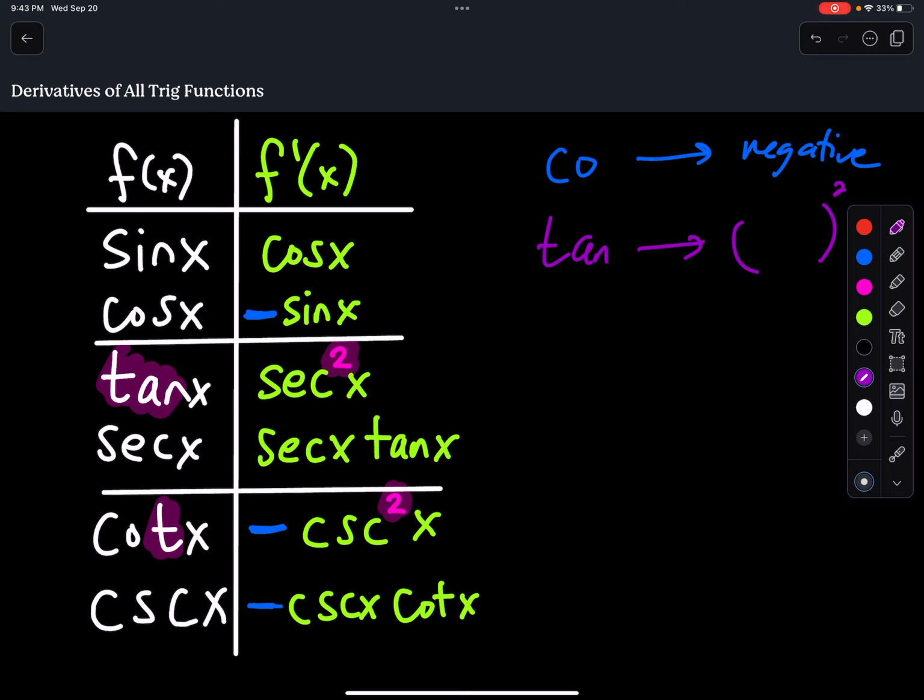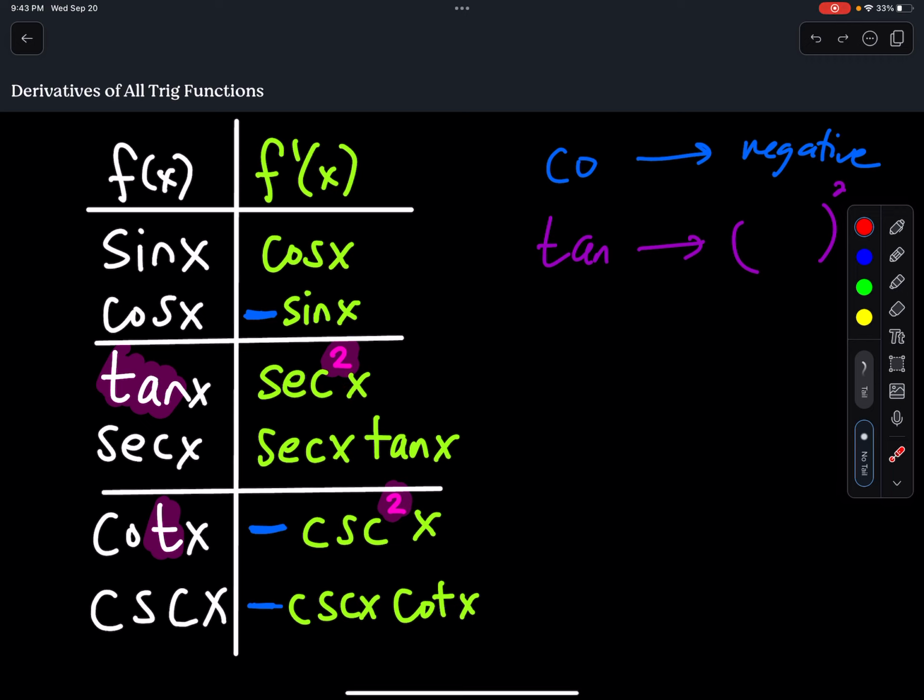Now you'll notice that I broke this up into three chunks. Our table is in three chunks. Well, you'll notice that tangent's buddy, and again, this is how it is in my brain, tangent's buddy is secant. So anytime you take the derivative of tan, you just get your secant buddy, but it's squared.